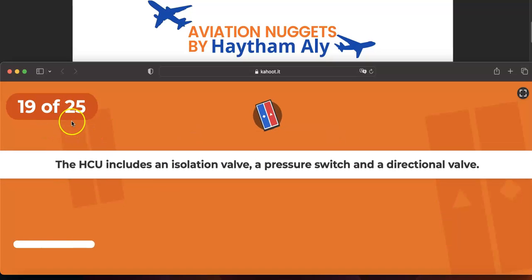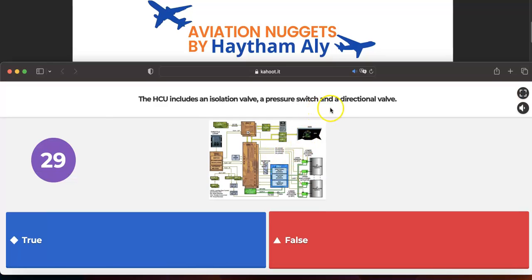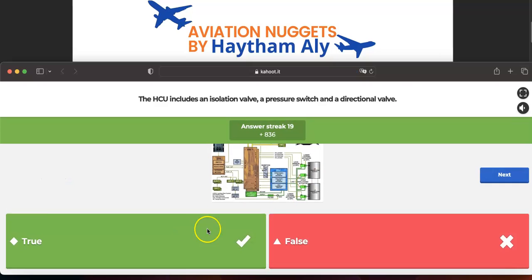Question 19 of 25. The hydraulic control unit includes an isolation valve, a pressure switch, and a directional valve. This statement is very true. Yes, the hydraulic control unit is the main hydraulic component for thrust reverser system operation. It has an isolation valve and a directional valve.